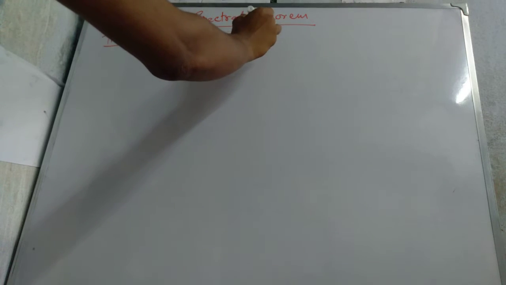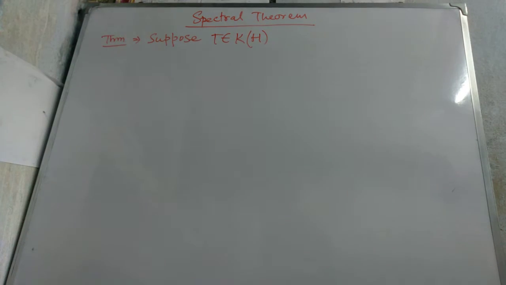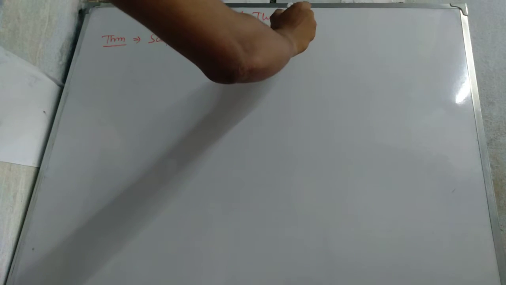Suppose T belongs to compact operators from H to H and is self-adjoint.